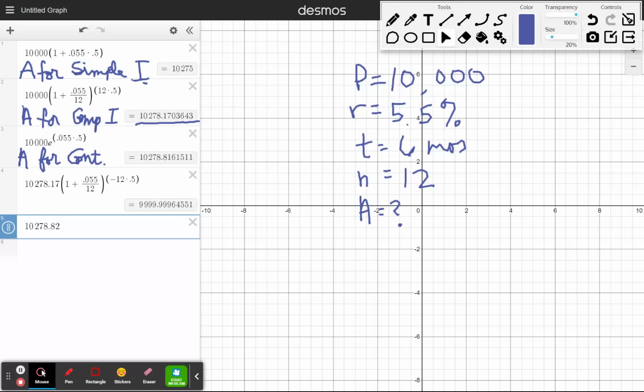Okay, so that's our A times E raised, then this time the negative NT power. Or I'm sorry, it's to the negative RT power. It's like the PERT formula in that regard.